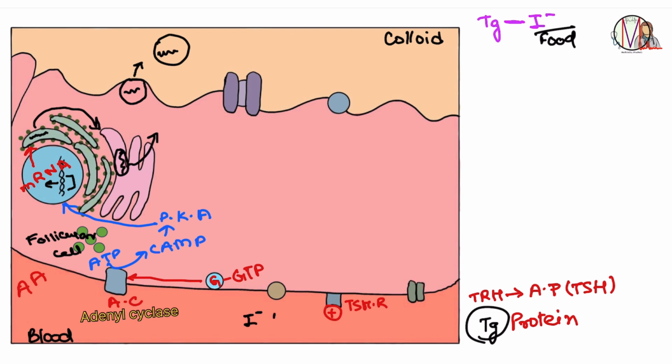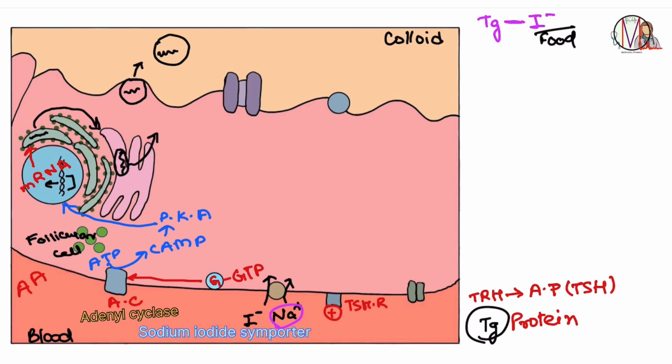Who will help? Sodium. Sodium will come for help. Sodium is a regular visitor to cells. So it will help iodine to enter the cell. So when sodium is entering, iodine will also enter the cell via this transporter over here. And the name of this transporter here is the sodium iodide transporter.